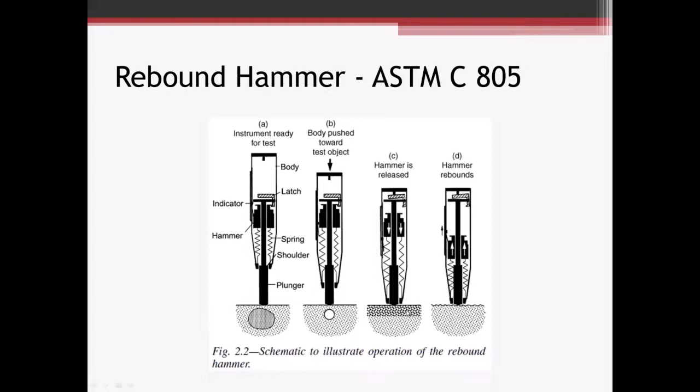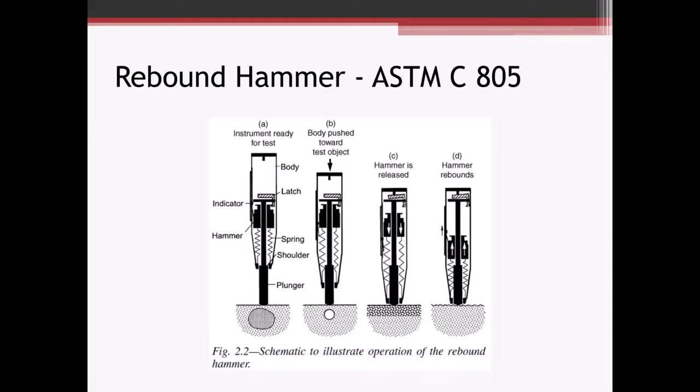If you've got a softer surface, maybe a flaky mortar type surface, it's going to be softer and you're going to get a lower rebound number. Or if it's brushed or broomed concrete, like a sidewalk, you've got all these little ridges. They're going to absorb a lot of energy, and your rebound number is going to be lower.